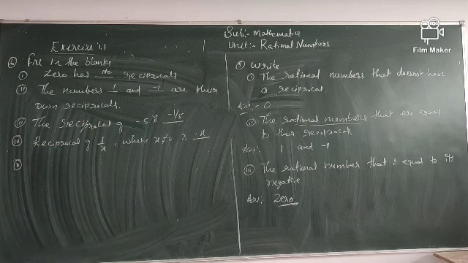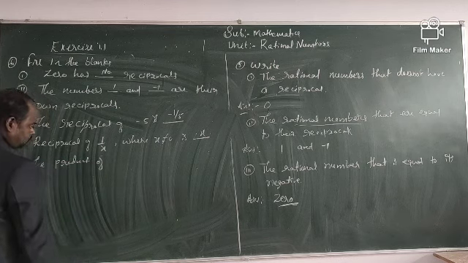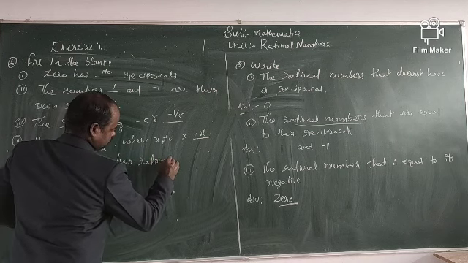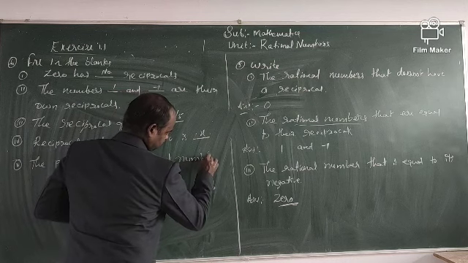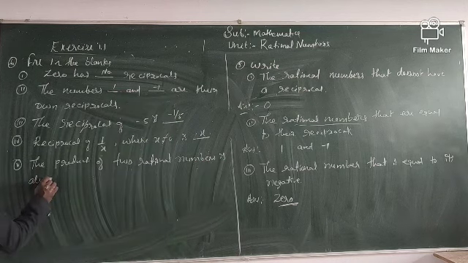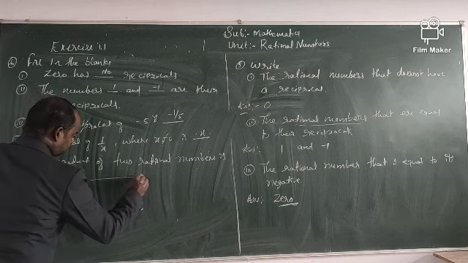Fifth one: the product of two rational numbers is always a rational number.